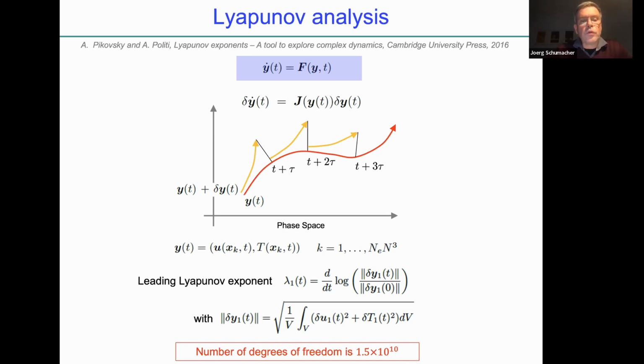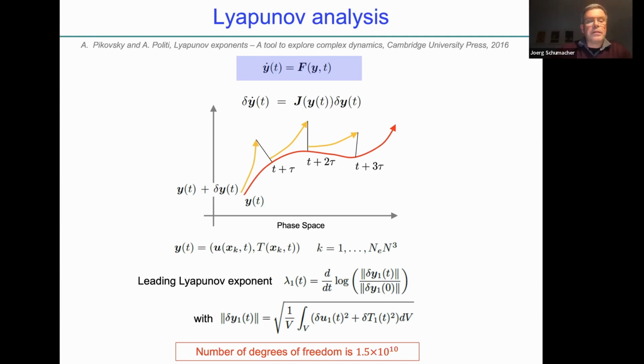And in order to obtain Lyapunov vectors, you are basically trying to see how strongly neighboring trajectories separate from the original trajectory. So you are shifting the initial conditions a little bit. That is indicated by this delta y vector.